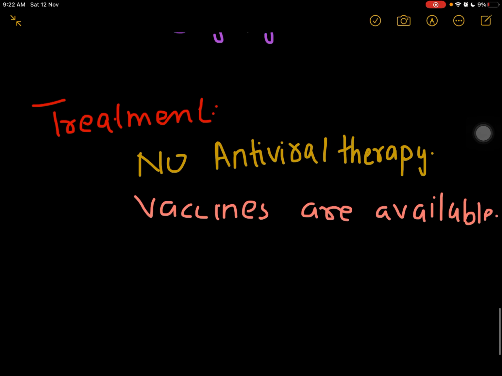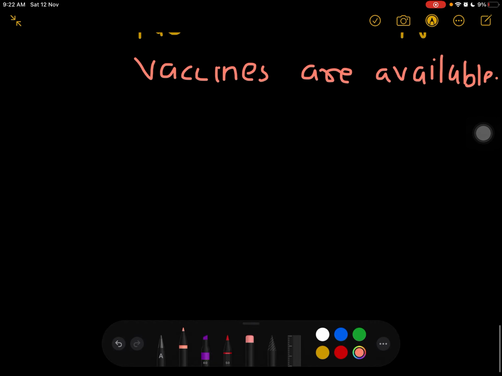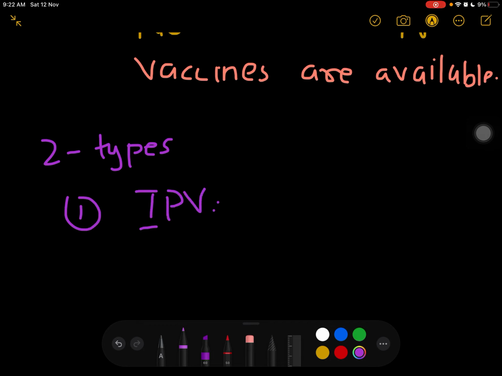What we do have is vaccines, right? There are two types of vaccine. The first is IPV. What does that mean?